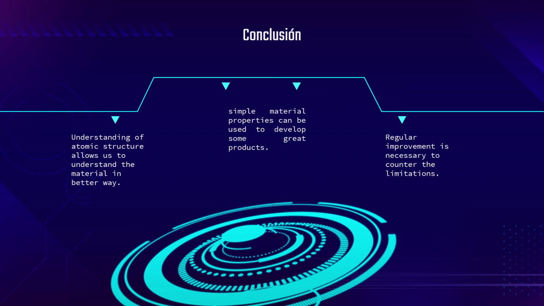Like here we have developed the hard disk where we store our information, and we are just utilizing the magnetic property of gamma Fe2O3. Regular improvement is necessary to counter the limitations. With time, we need faster and faster hard drives to store more and more information. For this purpose, in recent years, cobalt-based alloys are also being used.